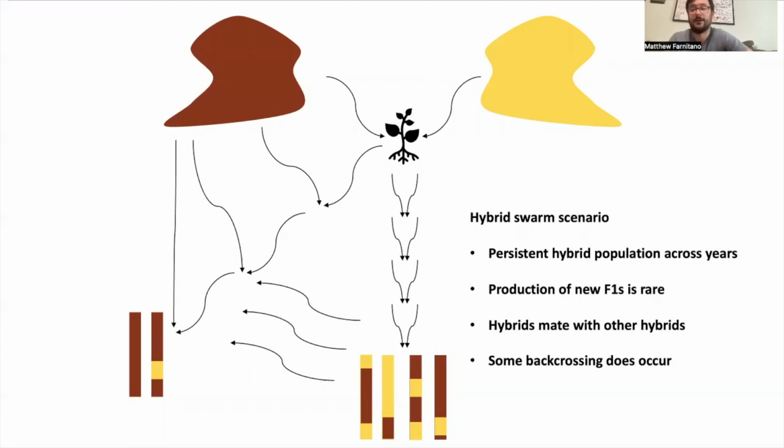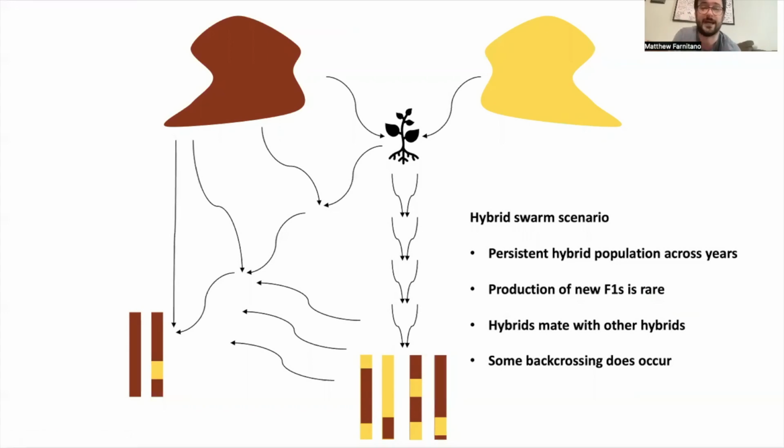And even though hybrids mostly mate with other hybrids, there is some backcrossing that occurs that is allowing those alleles to infiltrate the Mimulus guttatus population with potentially very efficient selection and recombination to allow the adaptive alleles to make their way back into Mimulus guttatus.